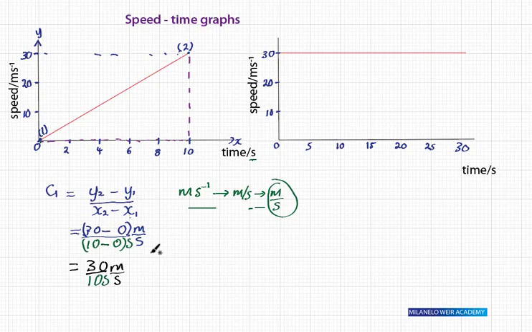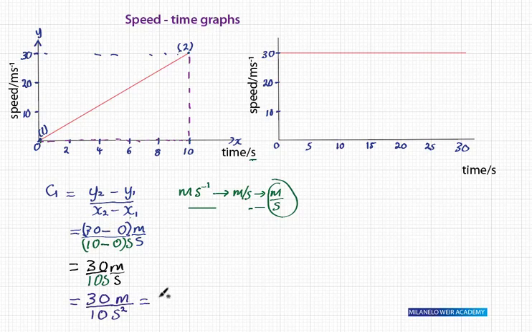What do we notice? We notice that there is s over s, so they have to square. s times s, they have to square. So we will get 30 over 10, meters is still there. s times s is s squared. What do we get from here?